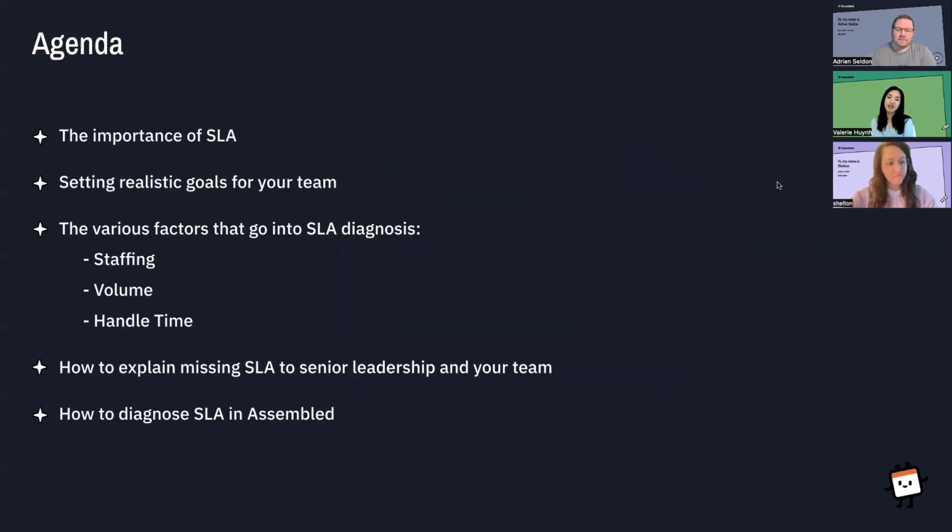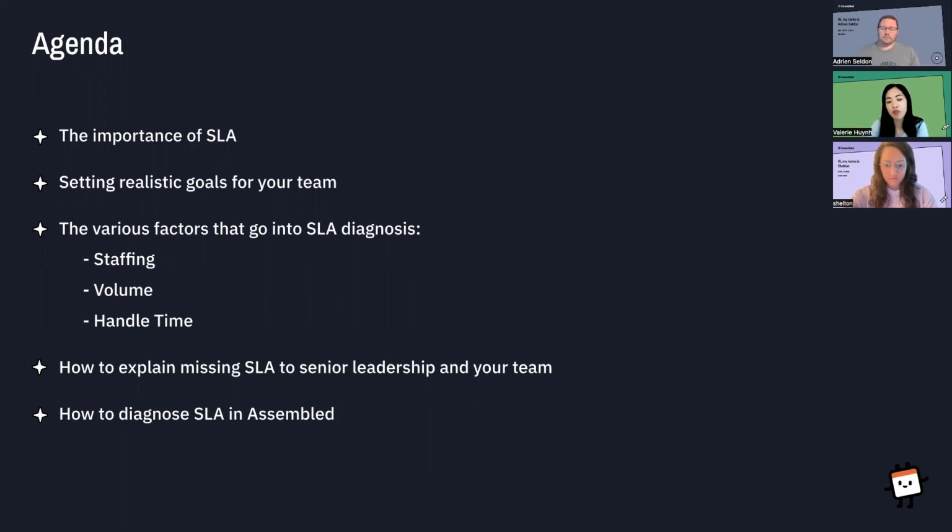So in today's office hour session, we'll be covering a number of topics, starting off with the importance of SLA and setting realistic goals for your team across the various channels, as well as the different types of businesses you all work at.